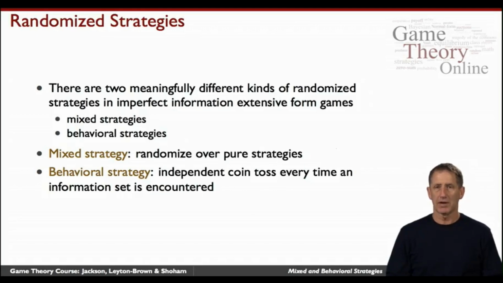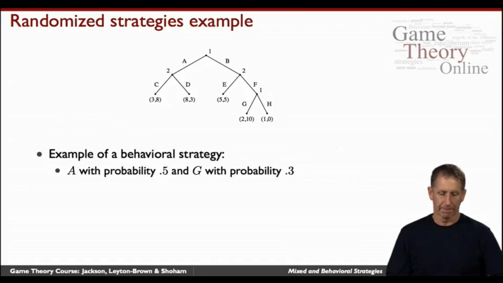A behavioral strategy is subtly different. It says, rather than start with pure strategies, it simply says, in each information set, how should you randomize? It may seem like the same thing, but it really isn't. And let's look at an example. So take this tree. And here's an example of a behavioral strategy.